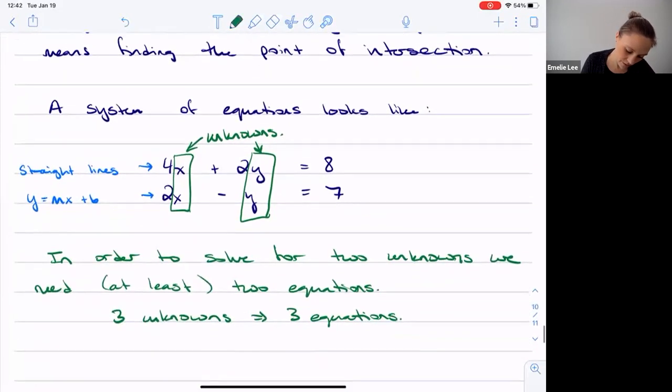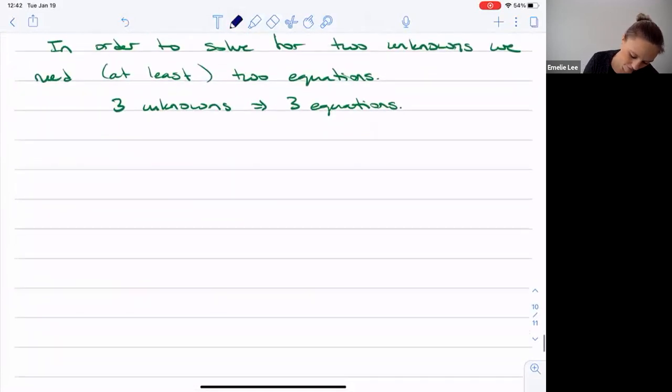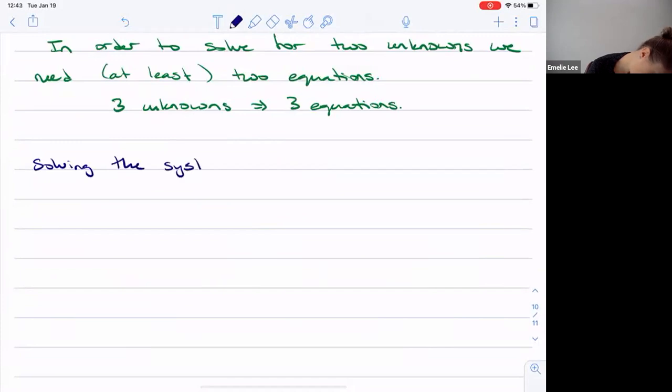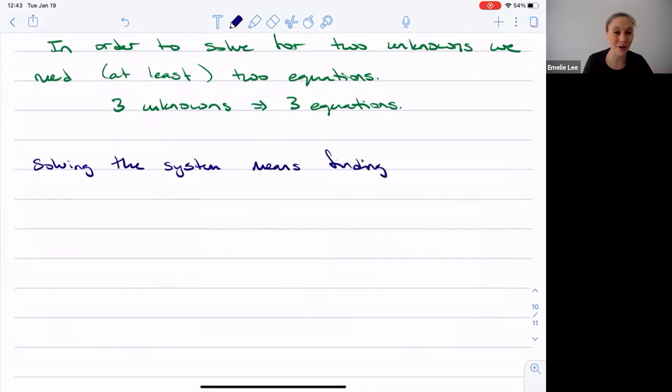Okay, so solving the system means finding the point of intersection. No harm in repeating myself.